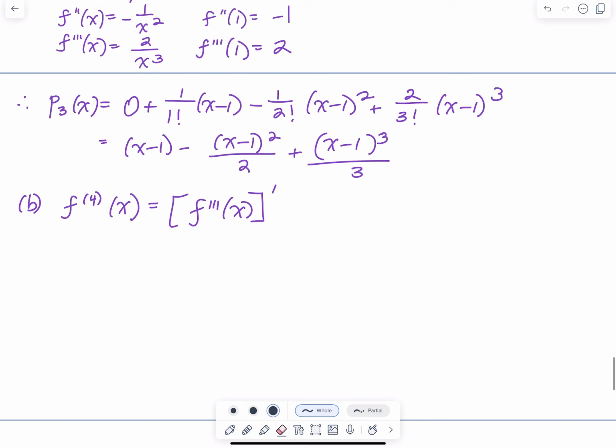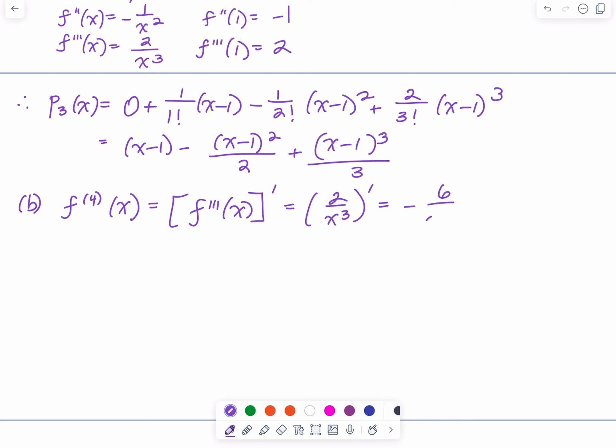And that will be the derivative of 2 over x cubed, that derivative. And of course, we come up with negative 6 over x to the fourth power.